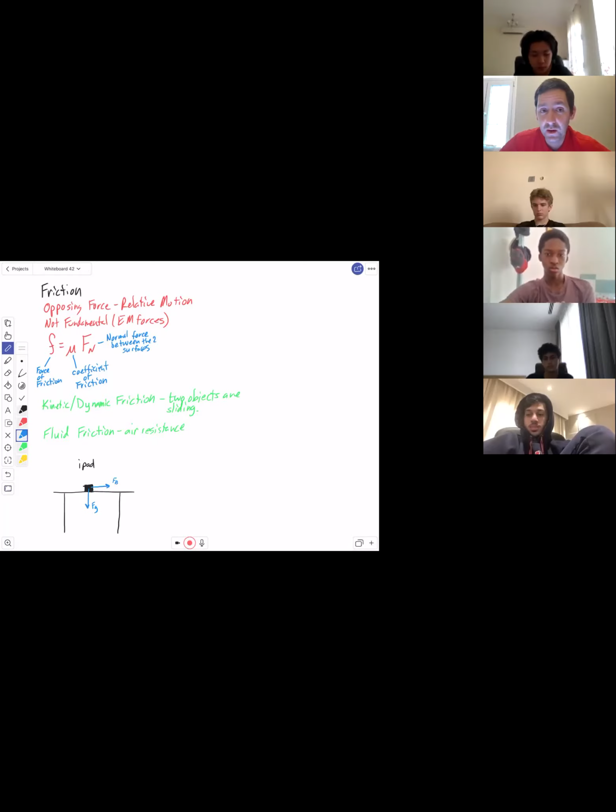So even though it's not moving, there's friction there? Yes, because we've got this normal force up. For those having a hard time picturing friction without motion, think about this. If there's no friction, what do you see in the picture? What would happen? The object would move to the right.